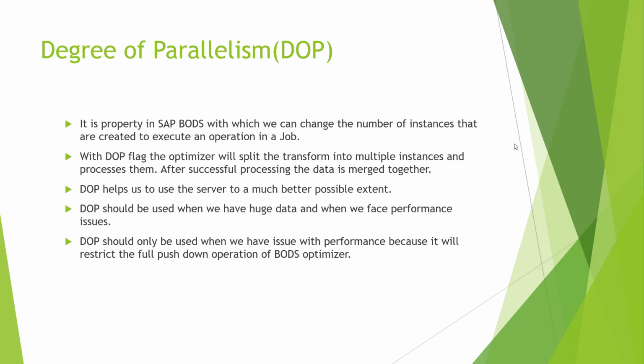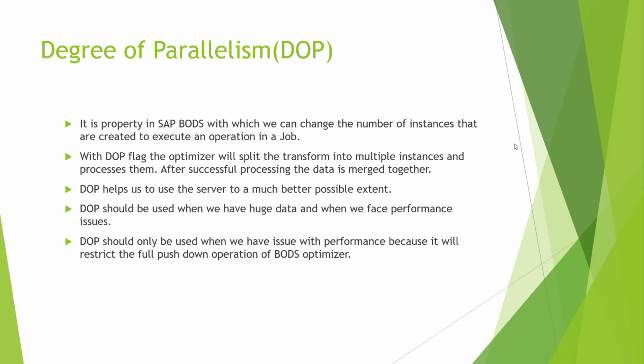This optimizer will try to make some changes like full push down to the jobs. So when we use degree of parallelism, this full push down operation of the BODS optimizer is restricted. So only when we have a performance issue, it's better to use this.